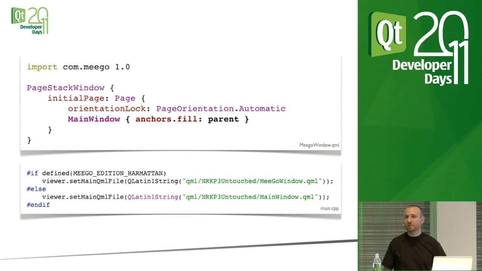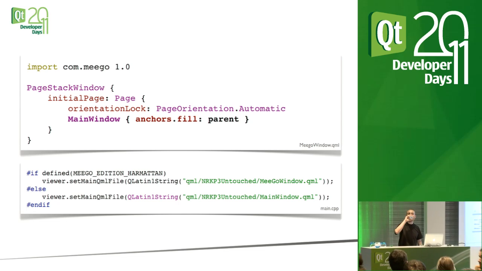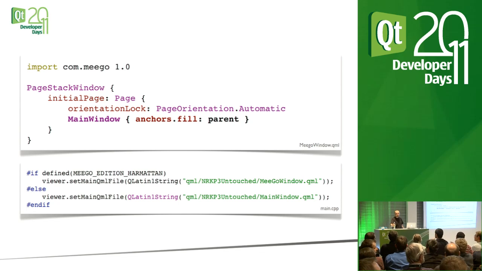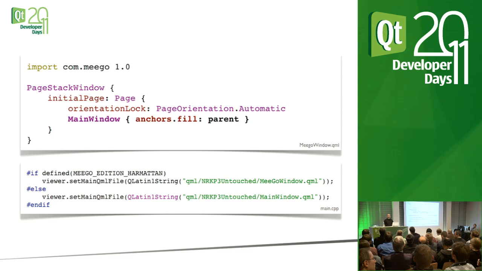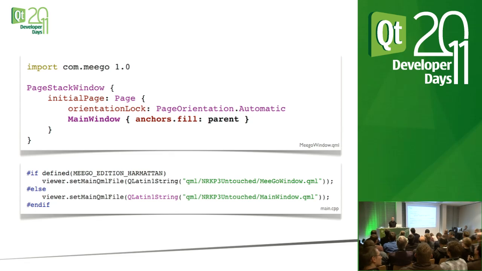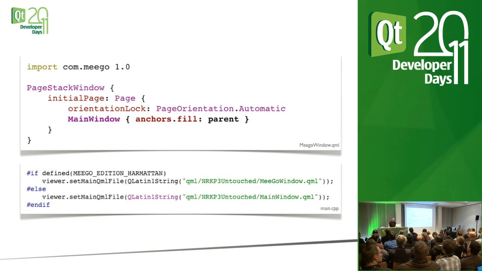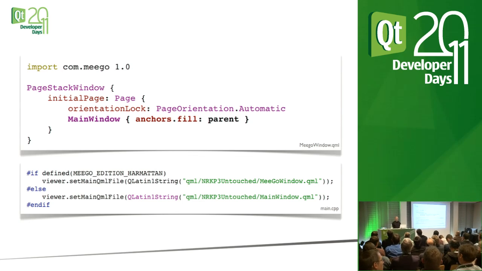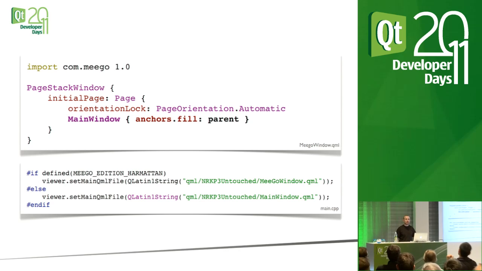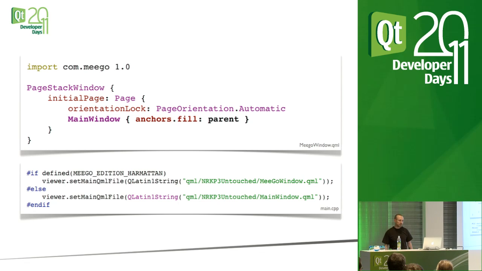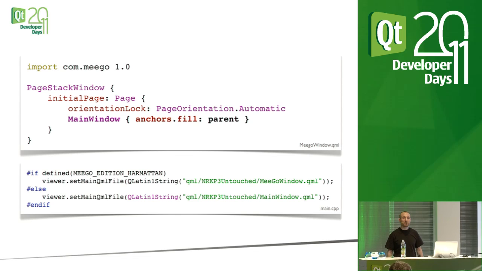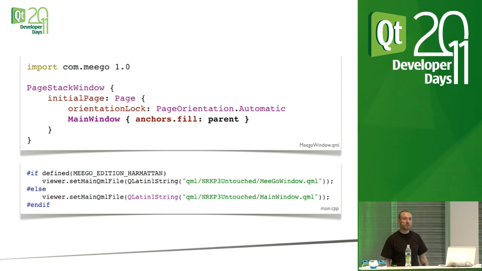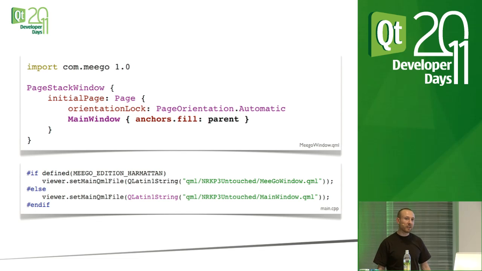There's a question? Concerning the ifdefs, I've had the experience that you can avoid them if you use different resource files for your different platforms. So you basically put the ifdefs out into the project file of Qt. Yeah, you could do that. I think in this case we're not actually keeping the QML files in resource files, but loading them from the deployment directory.